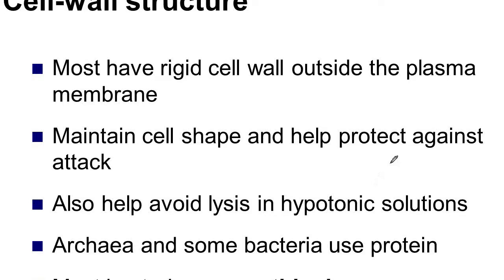Distilled water, right? Something that does not have many solids in it, like pure water, something very diluted. And so the water will rush into the cell because the cell is hypertonic compared to the hypotonic surroundings, and the cell will expand and then even pop. So the cell wall will stop that from happening.